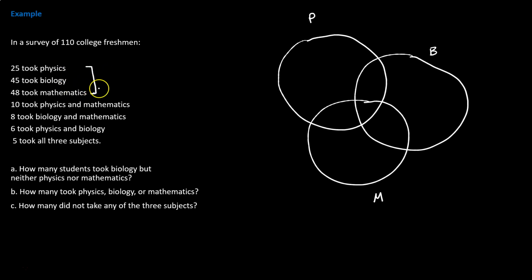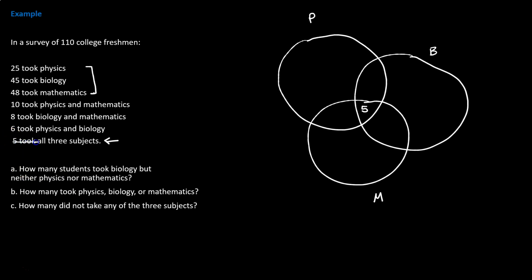So instead, we're going to read through and find the most specific information we can find, which is this last bit, which says 5 students took all 3 subjects. So I know a 5 has to go in that intersection of all 3 subjects.